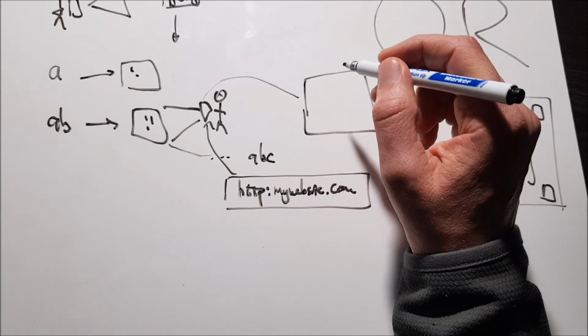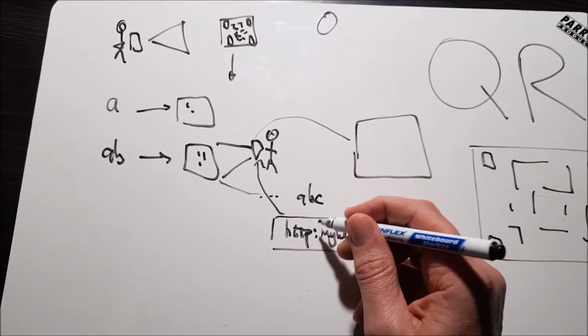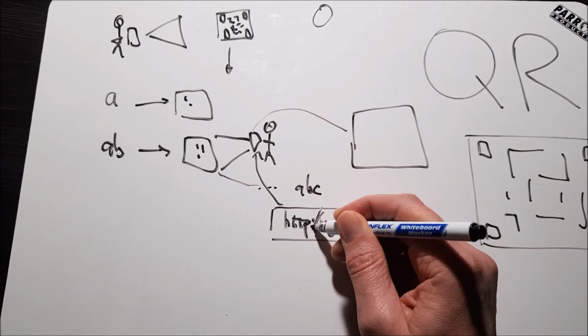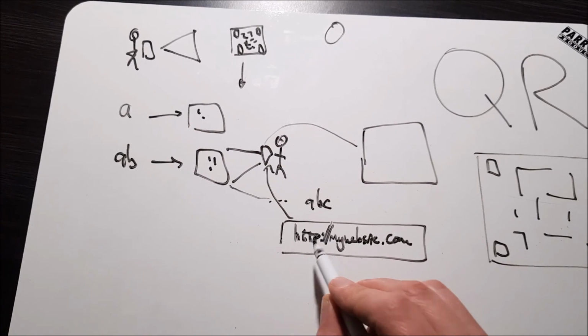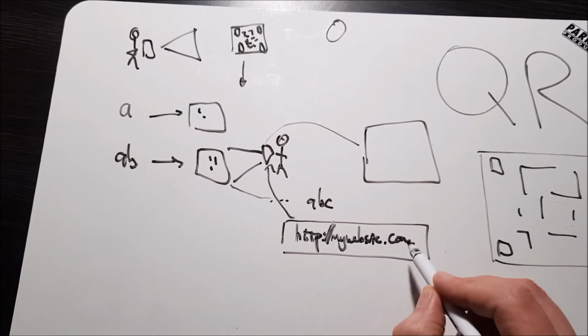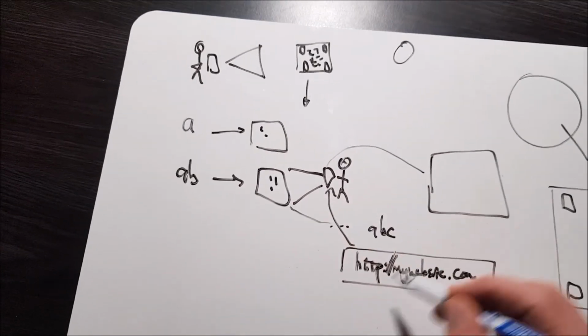And this is where the power of QR codes comes in, because to take your mobile device and type in a long URL, you have to tap in every single character, and it's going to take a long time, versus you just scanning an image and it takes you there.